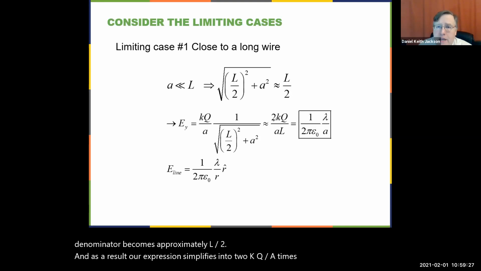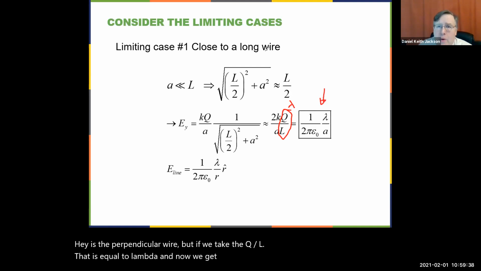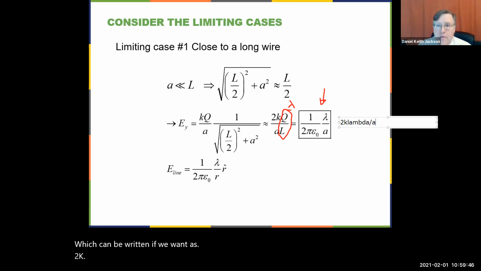Now, A is the perpendicular distance from the wire, but if we take Q over L, that is equal to lambda. And now we get this expression, which can be written, if we want, as 2kλ over A.